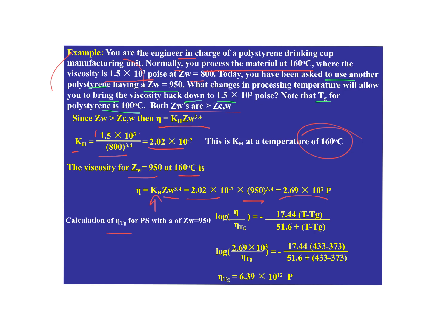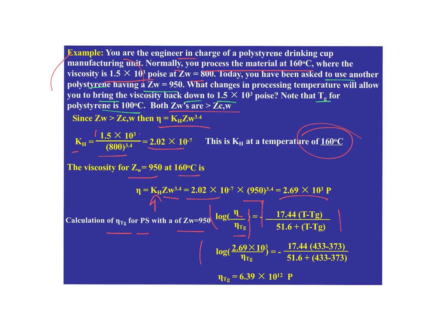So we calculate the A to Tg for a polystyrene with a Z_w of 950. And so we have the log of these two viscosities, the viscosity η versus the reference glass transition viscosity. Again, using this now familiar expression of 17.44 times the temperature differential divided by the quantity 51.6 plus the temperature differential.